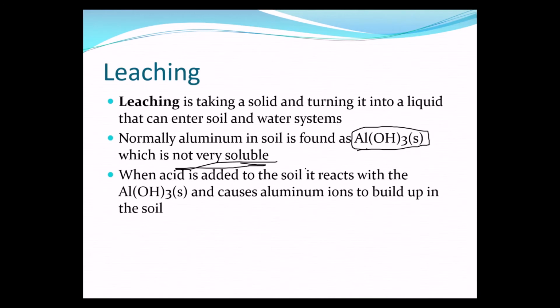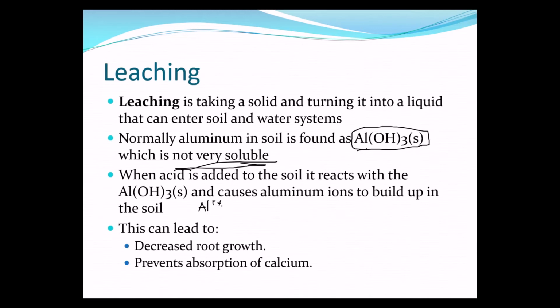But when acid is added to the soil, it breaks this down and turns it all into aluminum ions, and those aluminum ions are soluble. They go into the water, and then you drink that aluminum, and it's not good to have metals in your drinking water or in your plants. This can lead to decreased plant growth, prevent absorption of calcium, and reduce decomposing soil bacteria. So it can wreck your soil if you're a farmer.